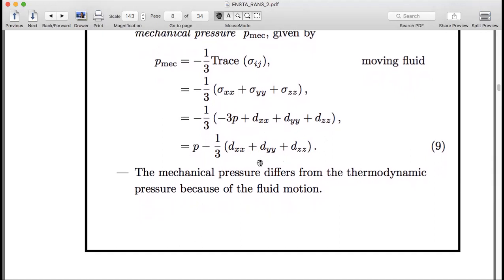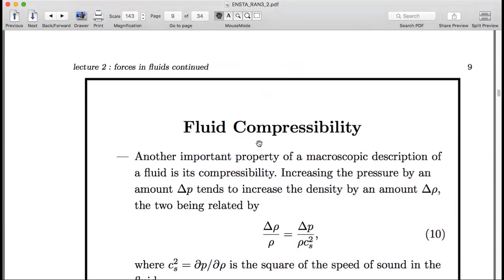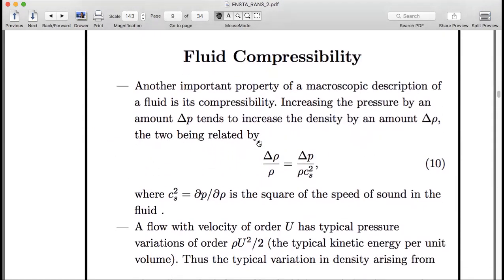Again, the D is because of the motion, so you only have this difference if the fluid is moving. Okay, so that's a bit of terminology and a bit of physics of thinking about pressure.